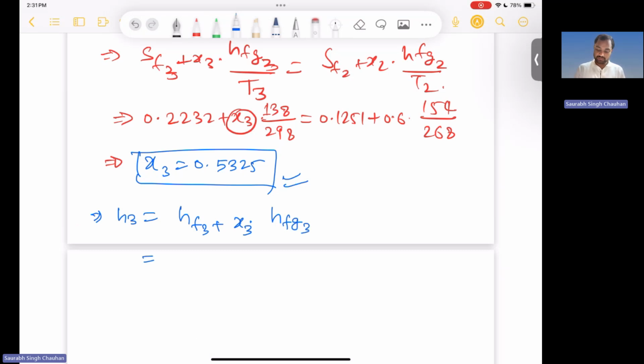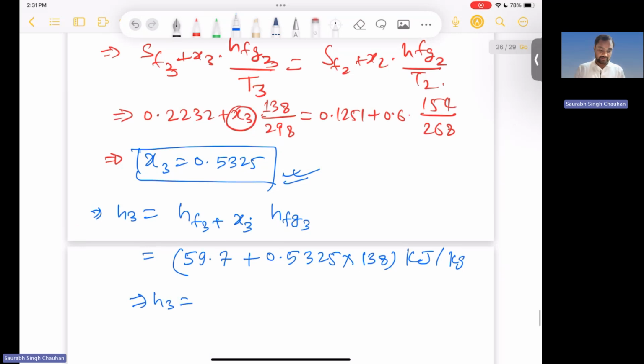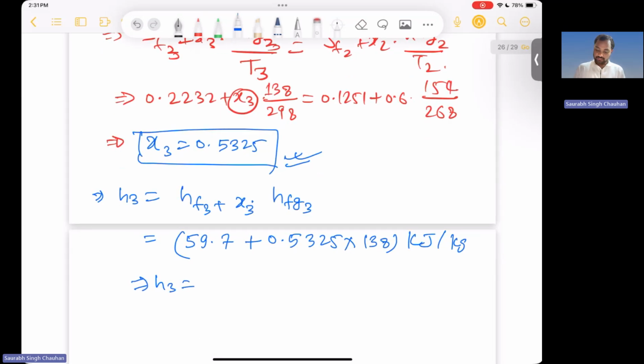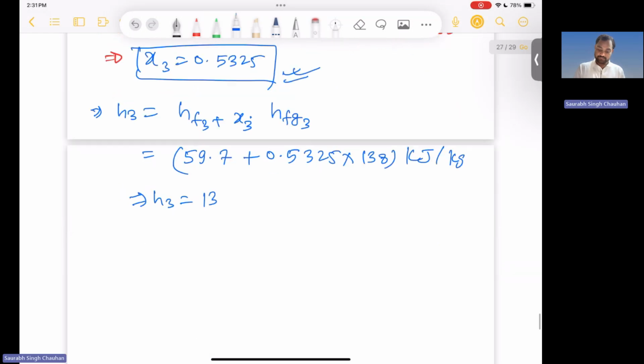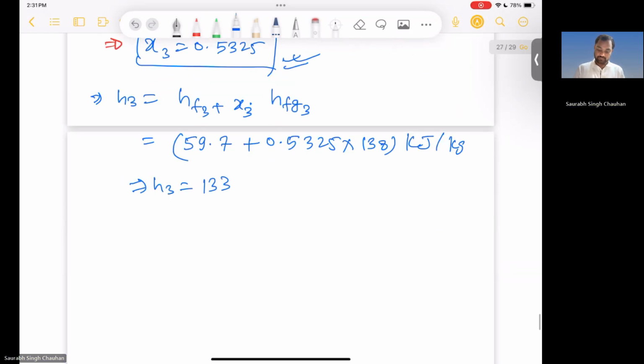And if you substitute the values, you will get 59.7 plus 0.5325 into 138 kilojoule per kg. So please do this calculation, and you will find that H3 comes out to be 133.2 kilojoule per kg.